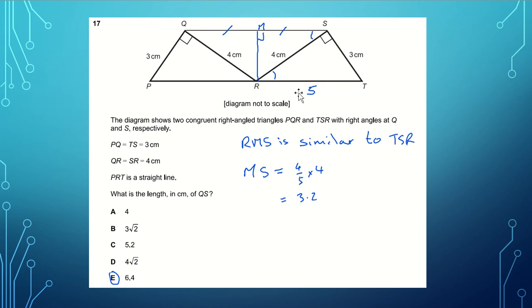TSR is a 3, 4, 5 triangle, so the hypotenuse RT and the hypotenuse RS, they scale, and so it's 4/5 as the scale factor, and in order to get side MS, we scale from the 4, so it's 4/5 of 4 gives us MS. Double it up to get QS, which is what we require.